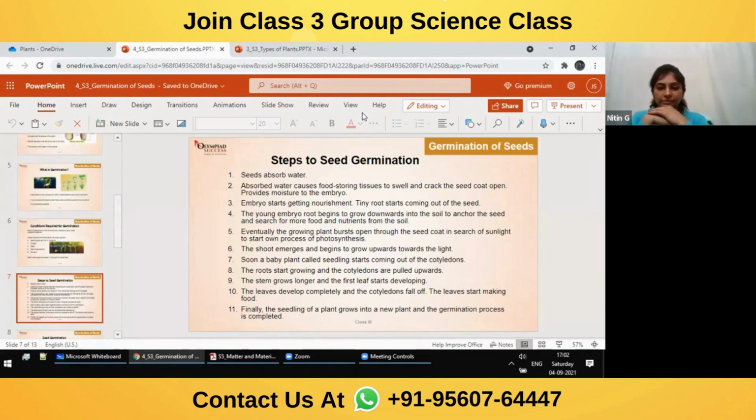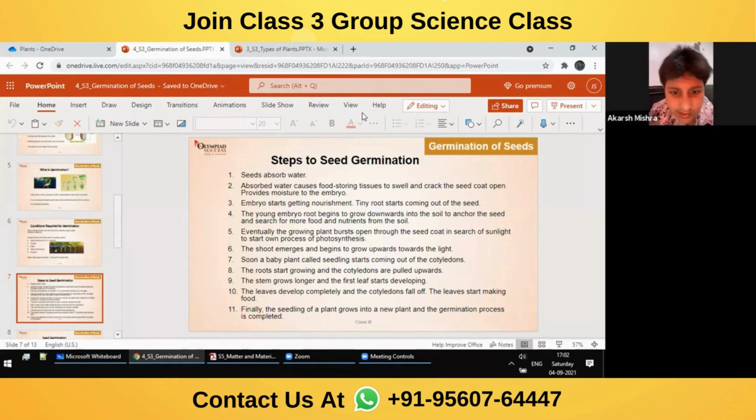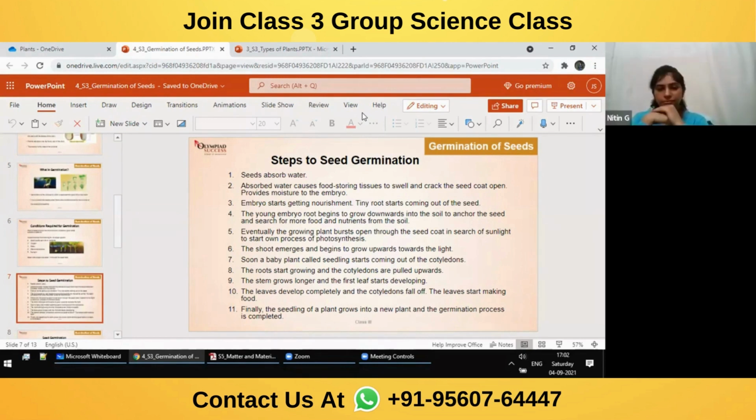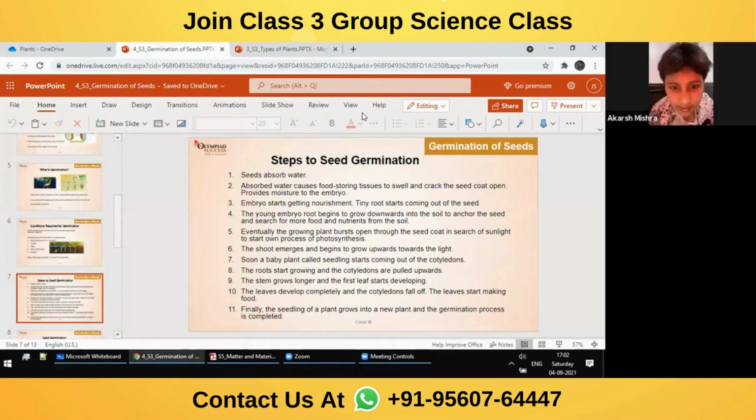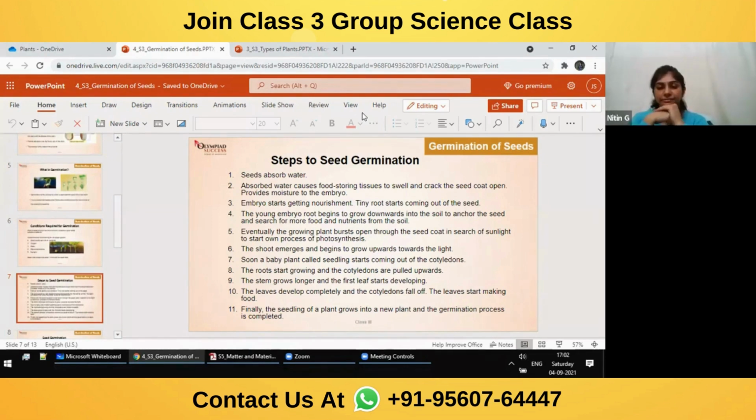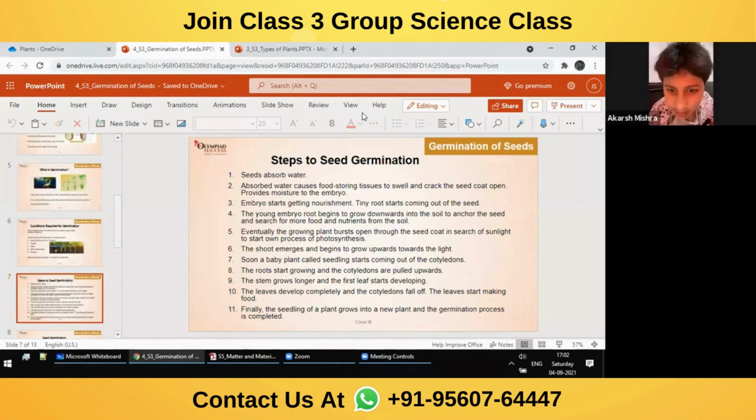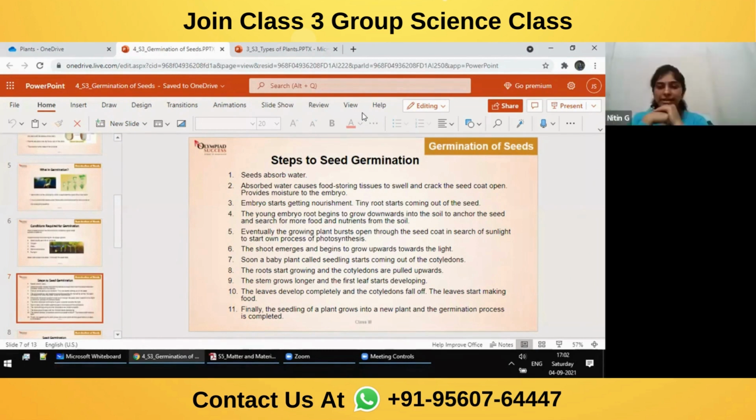Next, the shoot emerges and begins to grow upward towards the light. Soon a baby plant called a seedling starts coming out of the cotyledons.